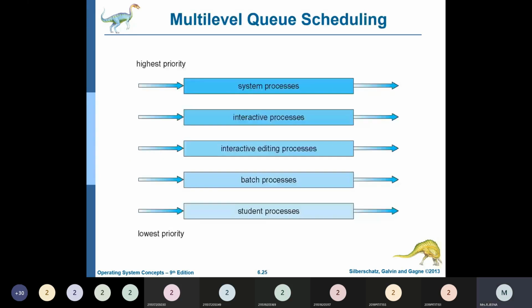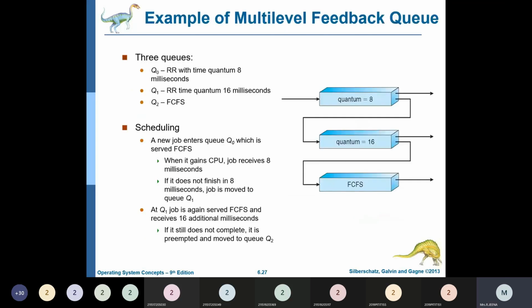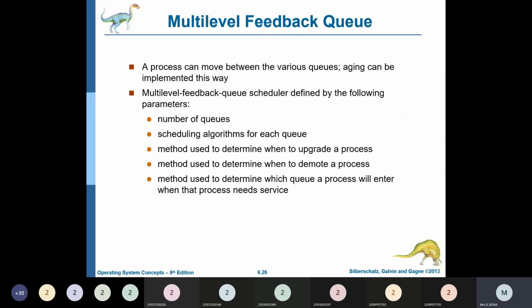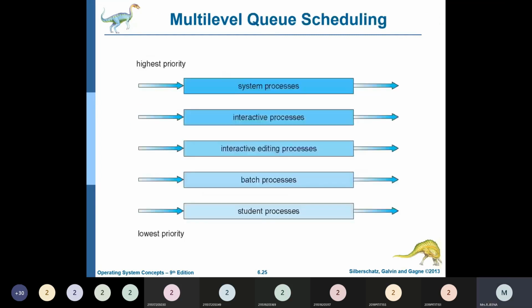This is all about the multi-level feedback queue. So the main difference between multi-level queue and multi-level feedback queue is, in multi-level queue, each queue has to follow a separate algorithm, and if and only if the highest priority queue gets empty, the next queue has to start its process, and if it interferes or collapses, then it will be terminated.